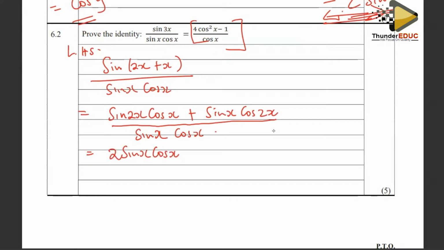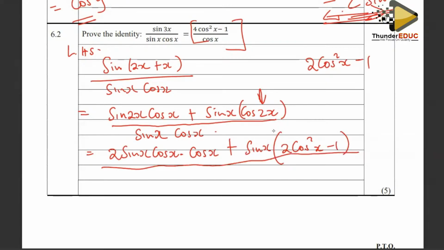Then I'm going to multiply it with this cos x. Plus, let's change this to a cosine format. The double angle of cos is 2 cos squared minus 1. Okay, sine x into 2 cos squared of x minus 1. We're dividing this by the sine of x and the cos of x.